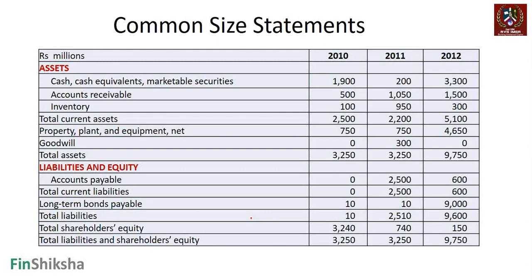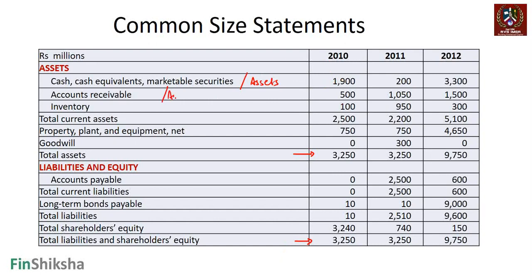Let's assume there's a company which has assets and liabilities as given here, with total assets of 3250 and total liabilities of 3250, and we have different numbers. These are just hypothetical numbers. How do I find common size statements? Every number on the asset side has to be divided by the total assets number.